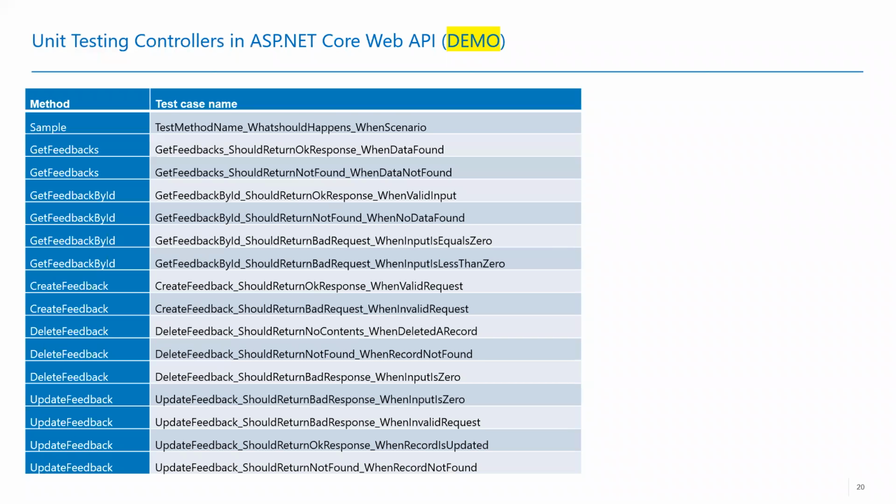Now back to the demo. These are the different test cases. I'm going to write part of the controller actions. As I mentioned, I'm working on the feedback service. I have the get, put, post, delete, so that once you hook in with the pattern, I'm following the naming conventions and the pattern.